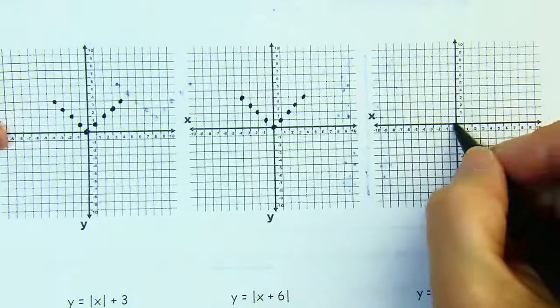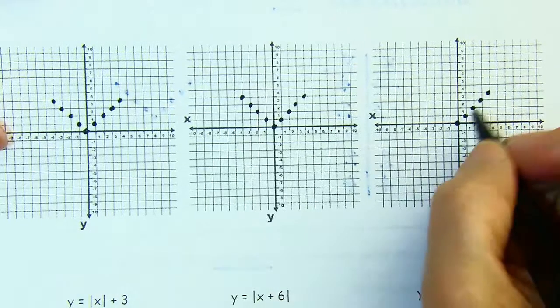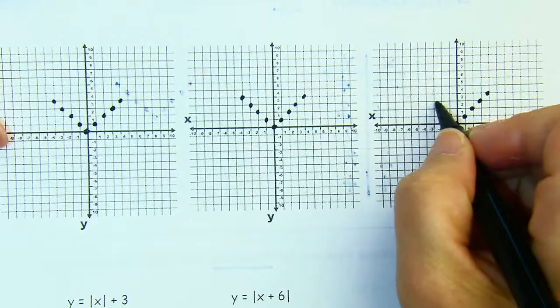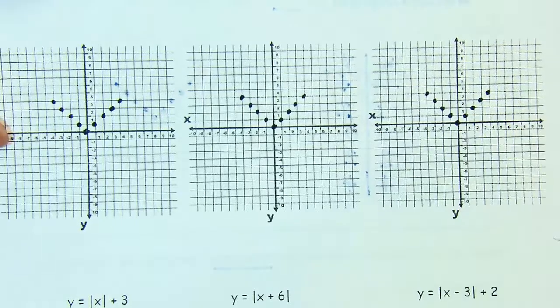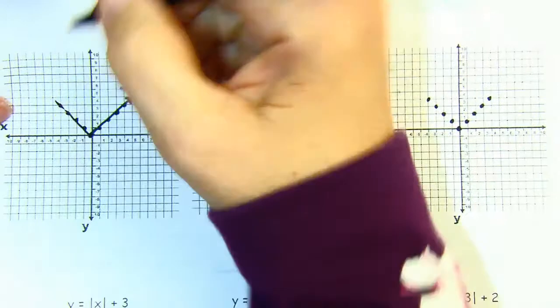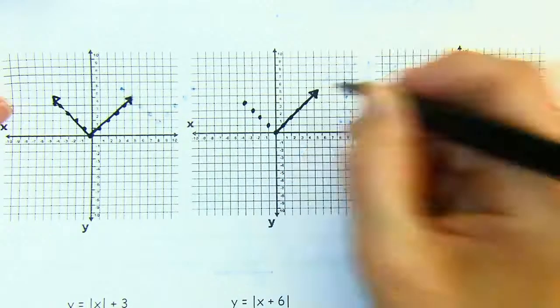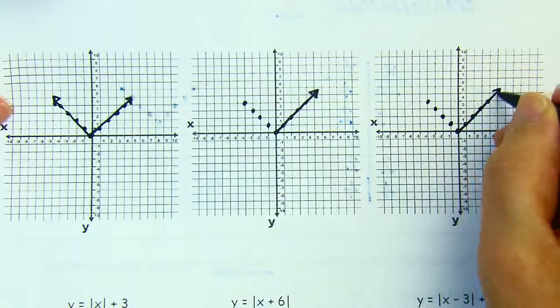I'm just putting dots for the parent function so I know where to move. All right, so I've got my little V-shaped graphs here on the parent function.